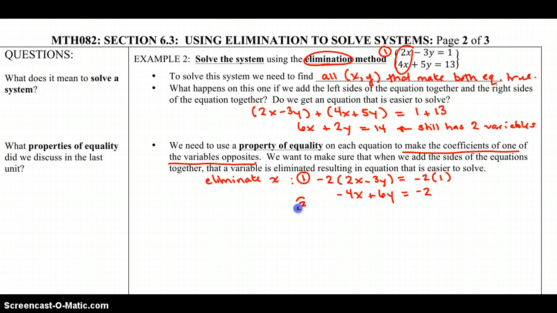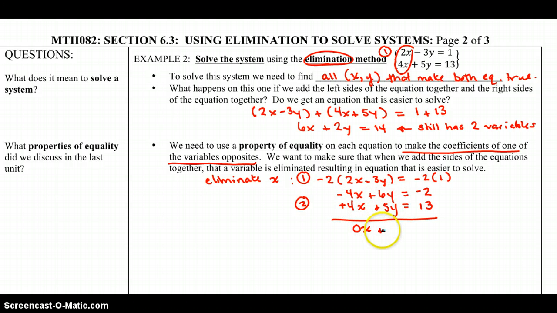And now if I pair that with the second equation, 4x, which again is implied to be positive if there's not a sign, plus 5y equals 13. So now, since we used a property of equality to make this coefficient on x be the opposite of the coefficient on x in the other equation, now when we add these, negative 4x and a positive 4x, we're going to get 0x.